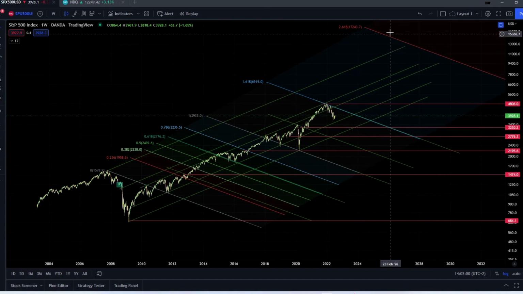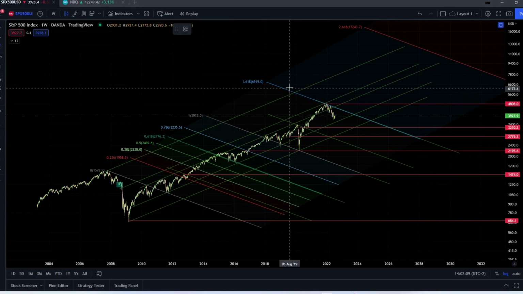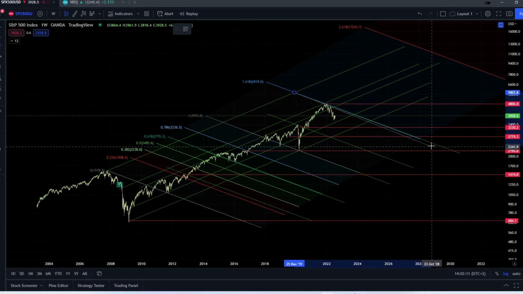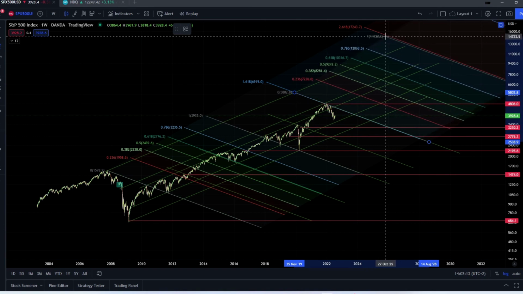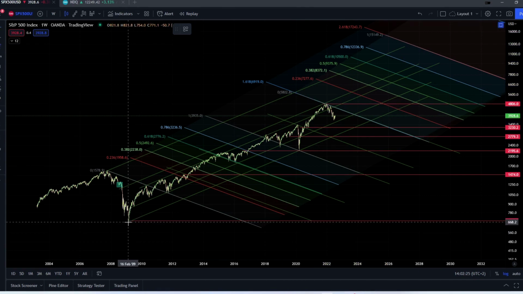But since there is a lot of room towards the next Fibonacci extension at the 2.618, we should perhaps subdivide that area into another Fibonacci channel, okay, so that we get some intermediate points to work with as targets moving on, okay? And we can do the same here.